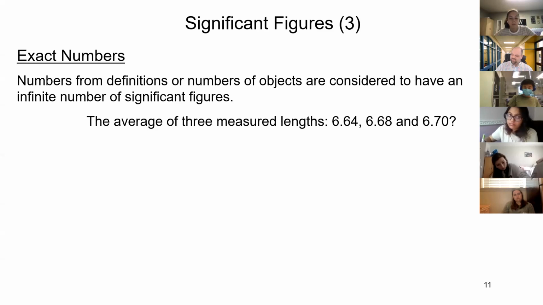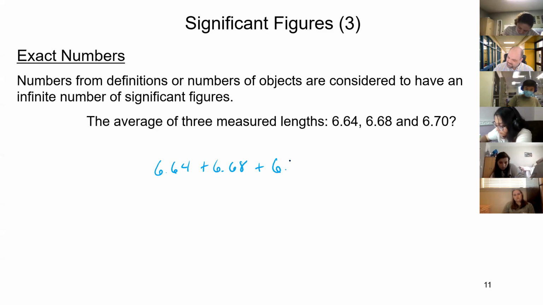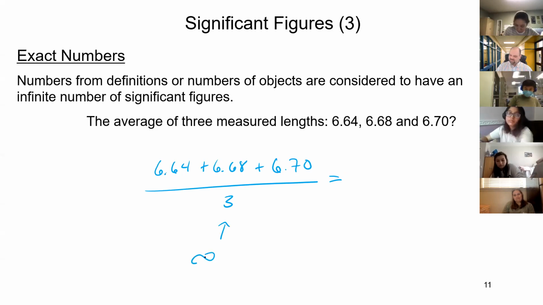So in this problem, we're going to find the average of these 3 lengths: 6.64 plus 6.68 plus 6.70, divided by 3, that's how we find an average. This 3 looks like it only has 1 sig fig, but really it has an infinite number of sig figs because we're counting the number of lengths we measured. That's not a measured quantity itself, that's a counted quantity.